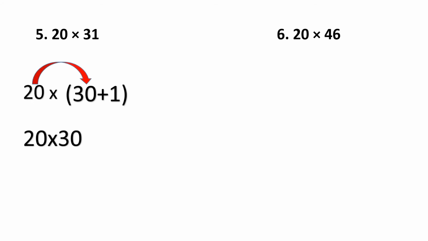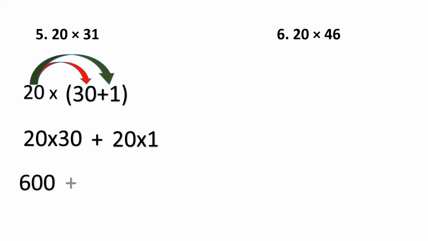In number 5, again we go back to the distribution property. You just keep 20 as it is, and we need to break 31 into 30 plus 1. And then you multiply 20 times the first number, then you multiply 20 times the second number, which is 1, and then find the product, and the last step is adding the two numbers together. This will give us 620.